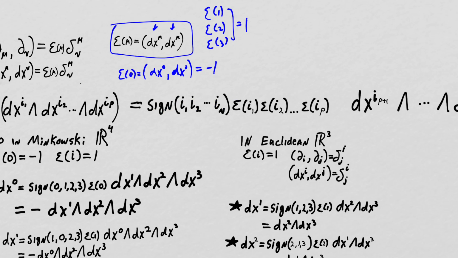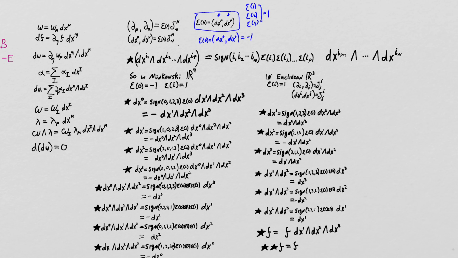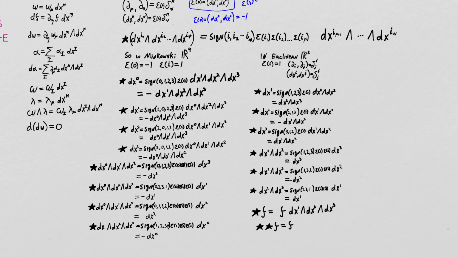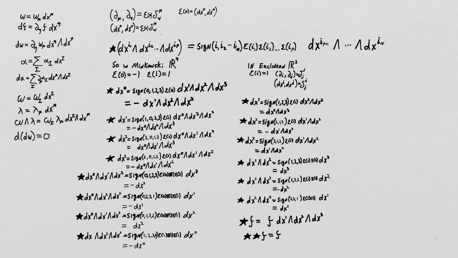I've written out a whole bunch of examples right here, so let's begin with that. On this big old chart, I've chosen the examples from Minkowski space in R4.